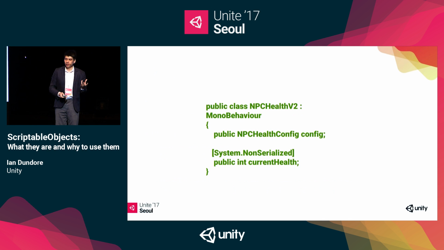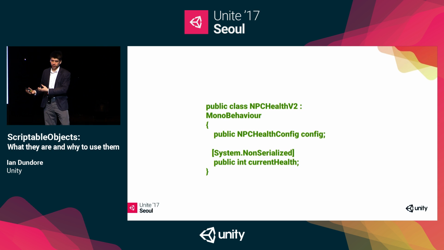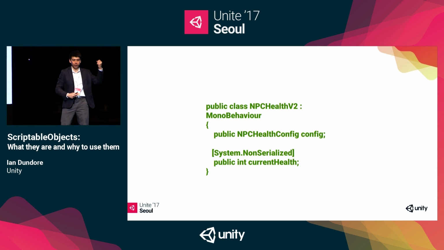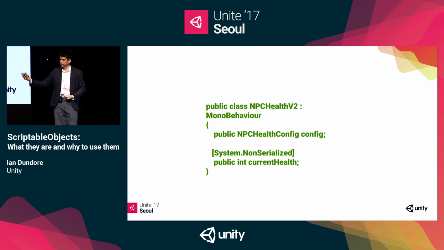We're going to separate our design data from our runtime data. You can call this separating the shared state from the non-shared state, the data shared between many NPCs and the data unique to each specific NPC.